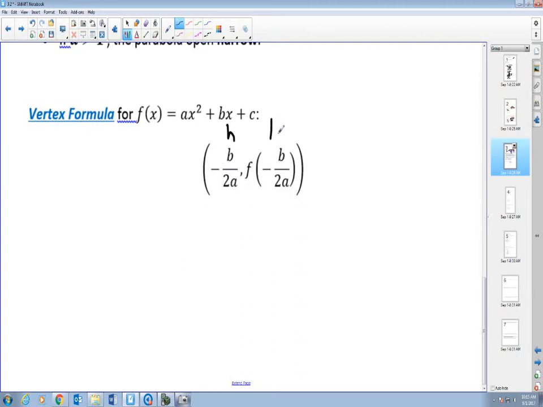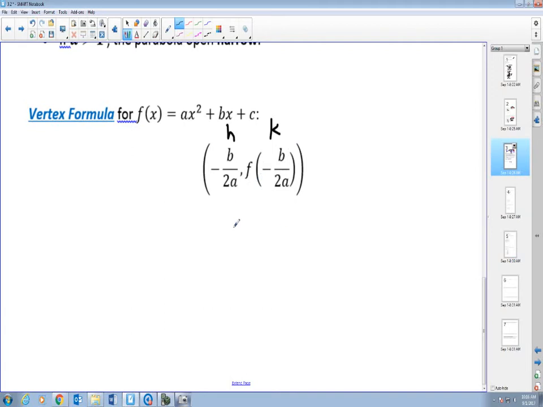The k, or the y value, will be, take the x value. Think about this, okay? If my x value is already the x value of the vertex, and when I substitute my x value back into my function, therefore the output has got to be the y value of my vertex. Okay, that's why the formula says f of negative b over 2a.